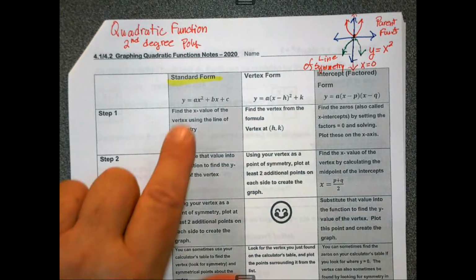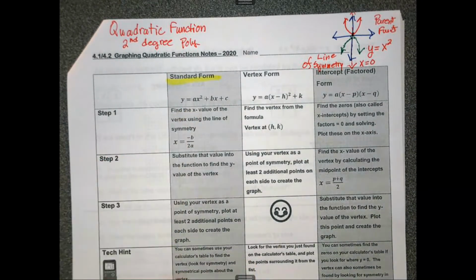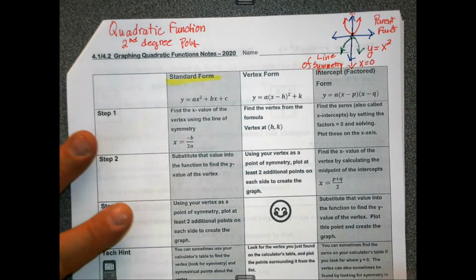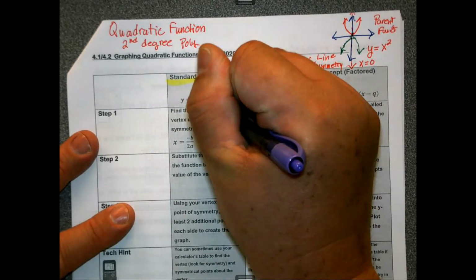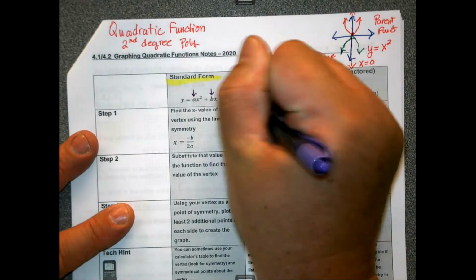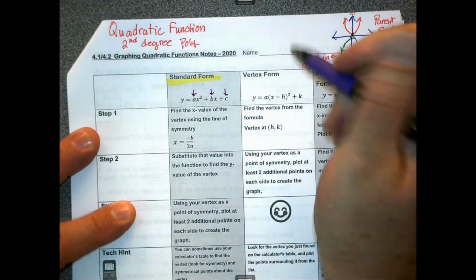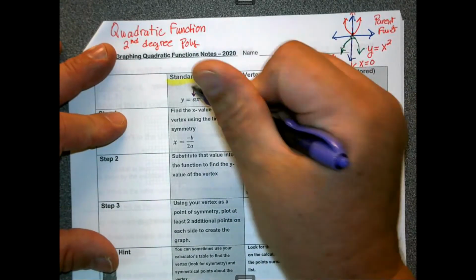That standard form is y equals ax squared plus bx plus c. Okay. Now, the a, b, and c here are actually coefficients of the variable x.